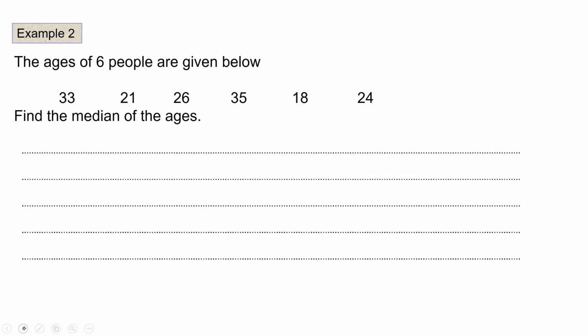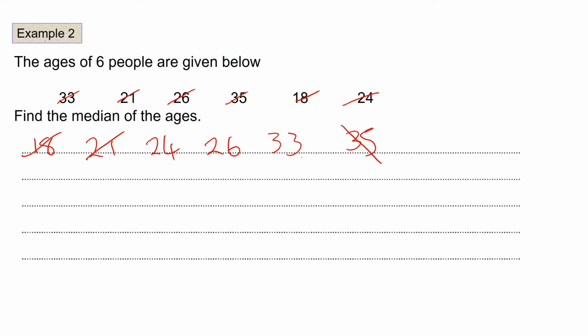Okay, example 2 then. The ages of 6 people are given below. Find the median of the ages. Step 1, put these numbers in order first. So start with the smallest. And then once you've put them in order, you then mark off from each end.